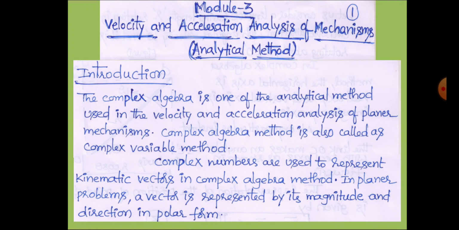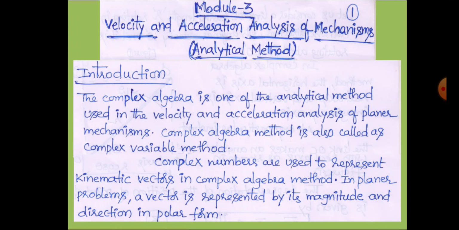And what is the approach you are going to adopt? Analytical method. In analytical method, as far as the contents prescribed in module 3, we have to approach the complex algebra method to find the velocity and acceleration.